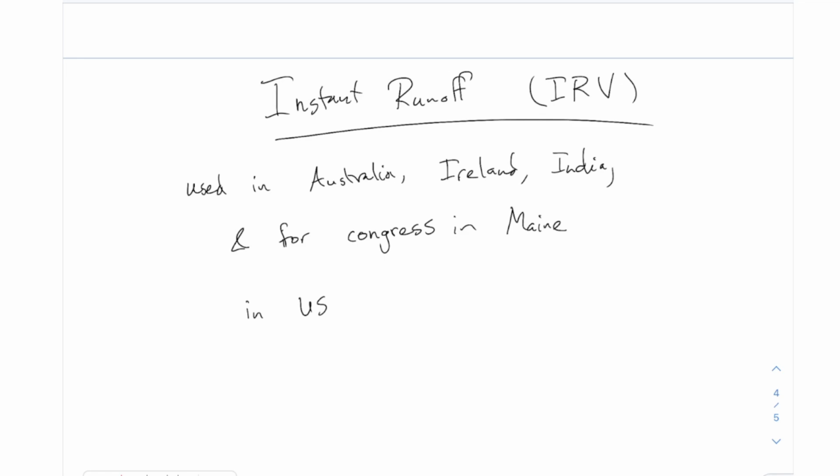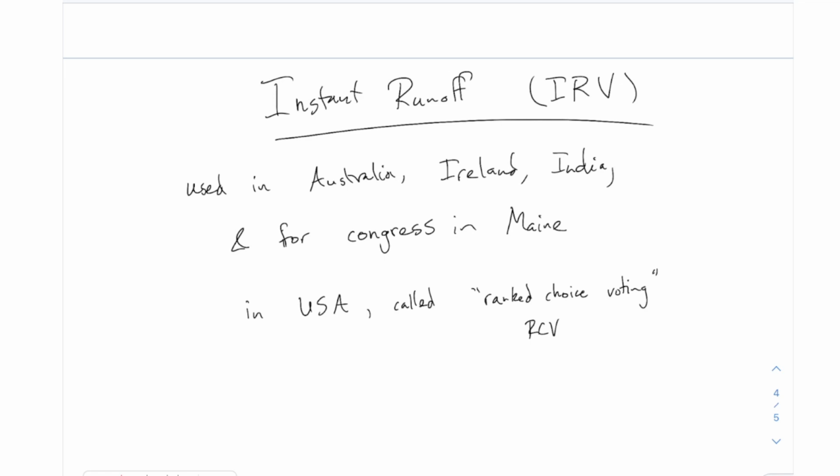But anyway, in the United States, it actually has a different name. They call it ranked choice voting, and you see this abbreviated like RCV. I'm not going to call it that. Mathematicians who talk about the mathematics of voting don't call it this, because all of these methods we've talked about involved ranked choices.